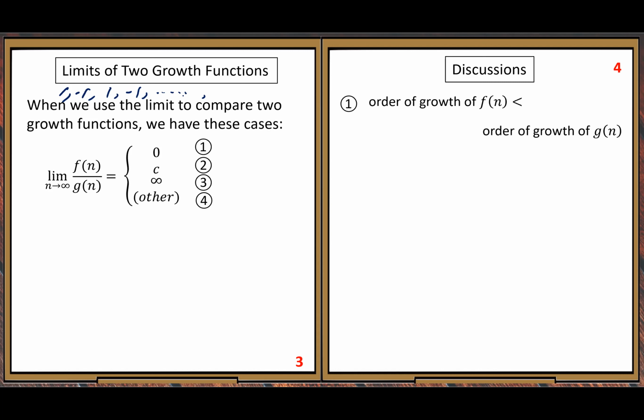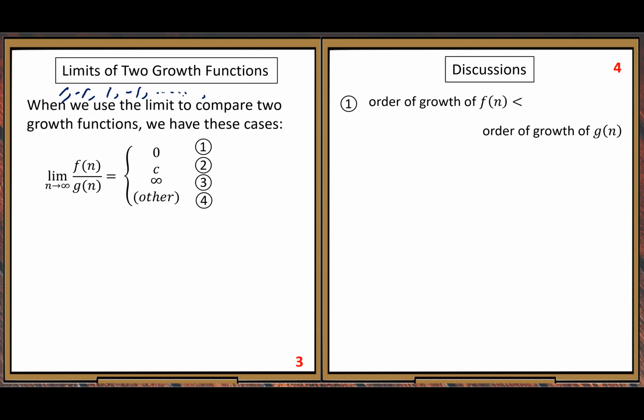Basically, we calculate the limit of the ratio of these two functions. We compare their order of growth. Which one has the larger order of growth? That means that function grows faster. For the first case, you can see the ratio goes to 0.